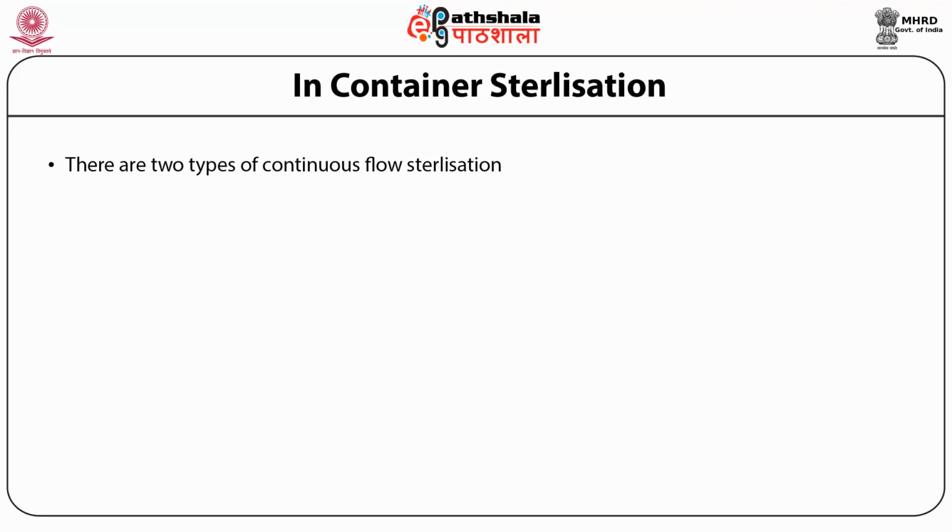There are two types of continuous flow sterilization techniques. These are steam injection and steam infusion techniques. In the steam injection technique, the steam is injected along with the product in a vacuum, and the injected steam is separated when the product is cooled.